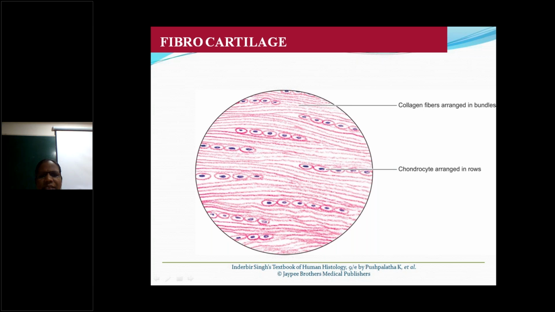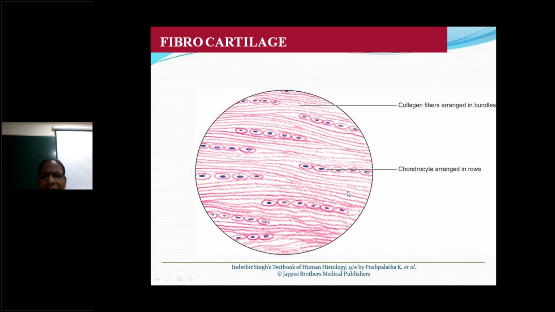The third cartilage is the fibrous cartilage. If you get one cartilage for discussion in the slides, they may ask you the difference between all three cartilages. In the white fibrous cartilage, the first point is absence of the perichondrium. Here you are able to see the matrix part. Within the matrix, you see a number of bundles of collagen fibers.